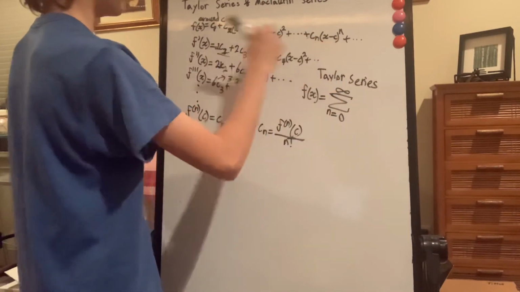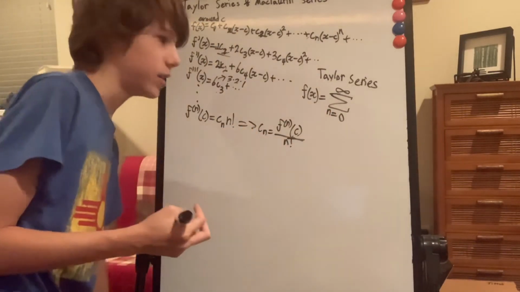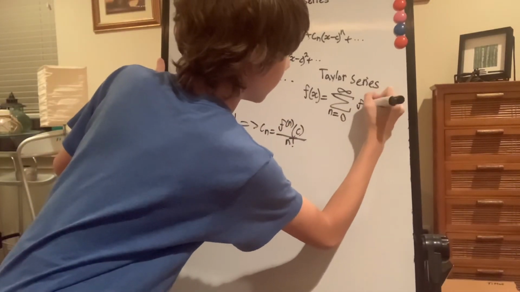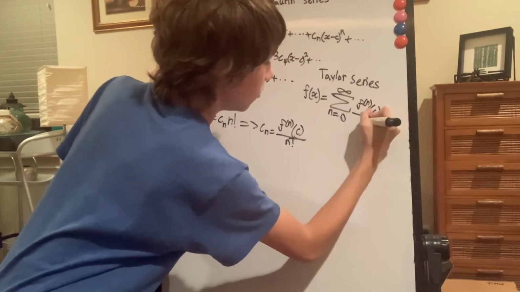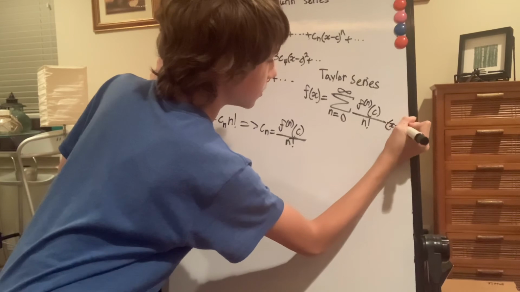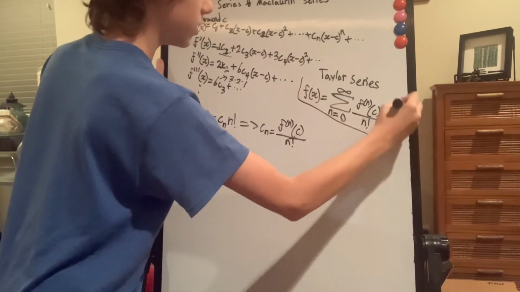But we found our c sub n, so why don't we plug that in? So we have the nth derivative at c over n factorial times x minus c to the n. This is Taylor series.